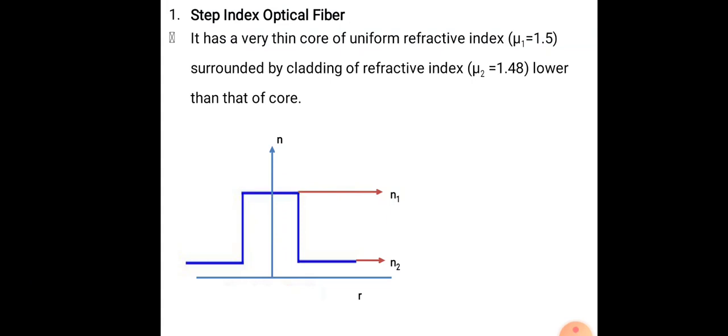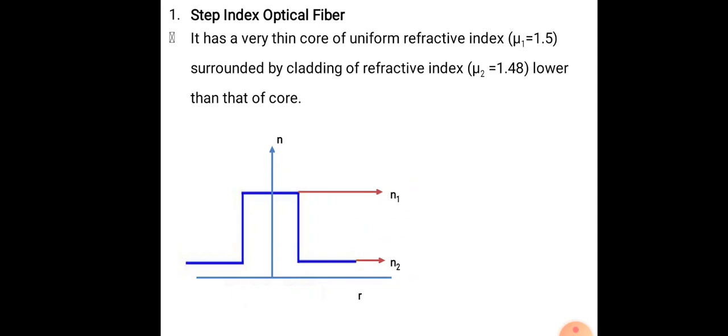Here I have considered n1 equal to 1.5, and that core is surrounded by another region, that is cladding, having refractive index n2.